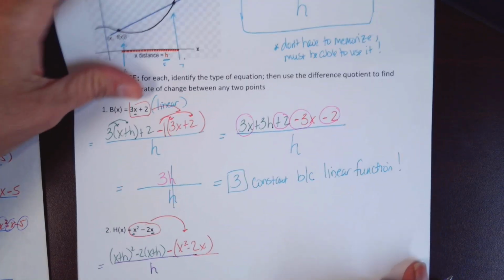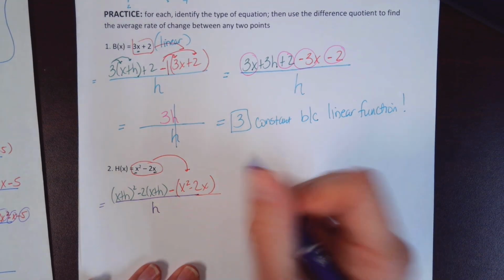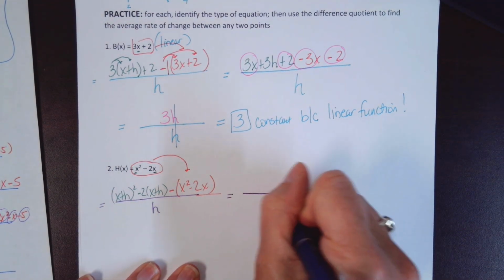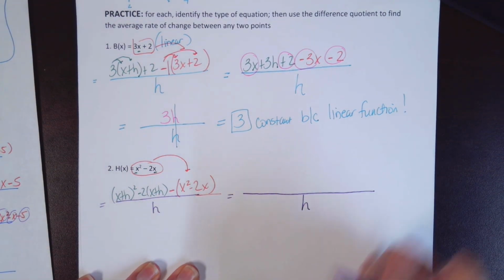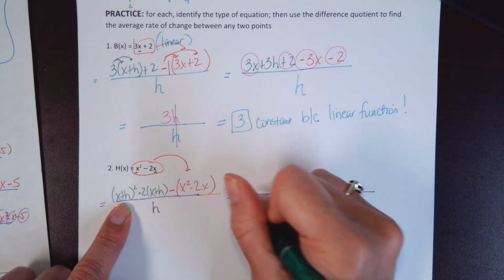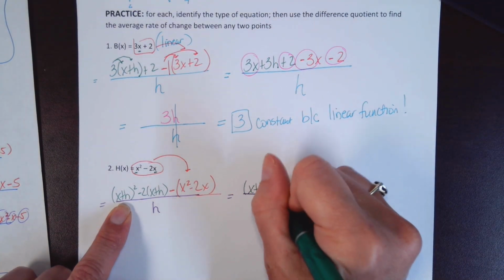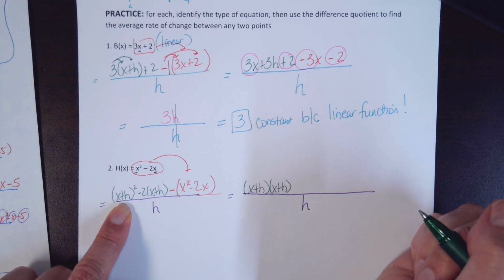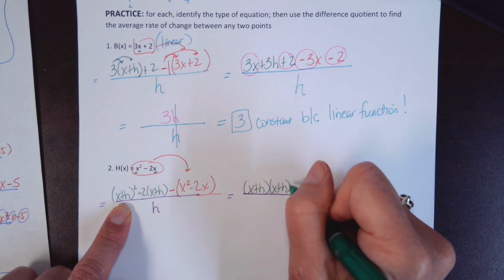Here's where our order of operations is important. Now we know that our denominator is just h. I need to start by squaring this binomial. That means I'm going to FOIL that, x plus h times x plus h.